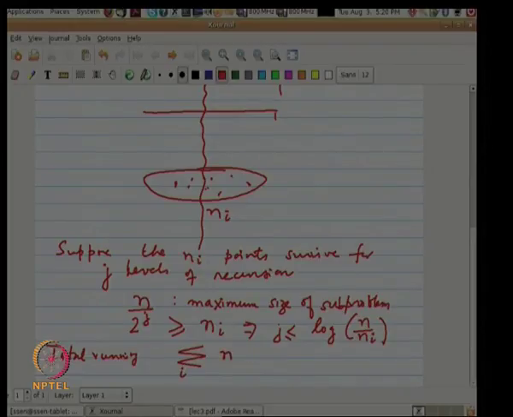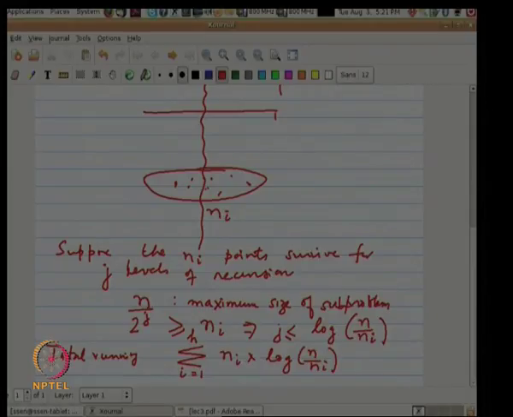So, I can simply say the sum of n sub i times log of n over n sub i, and if there are h output points, this is the bound. So, no complicated recurrences, no two dimensional recurrences, nothing.